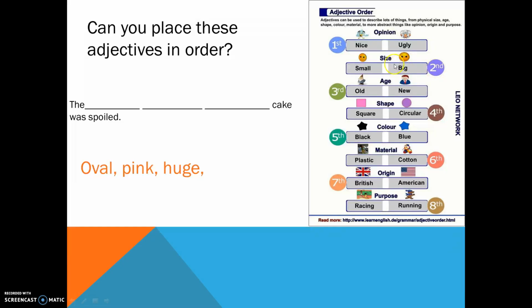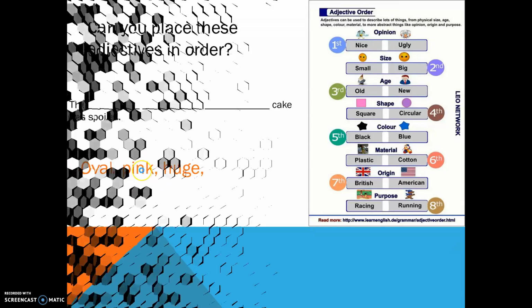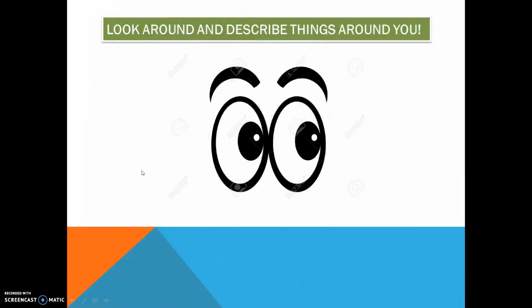So size goes first, okay? So here's size, here's shape, and here's color. So we need size, shape, and color. Whoops. Let's go back there.